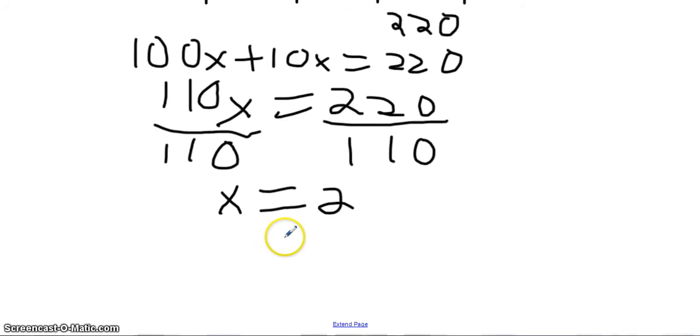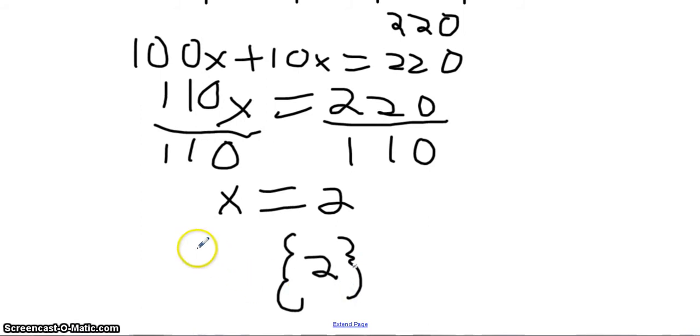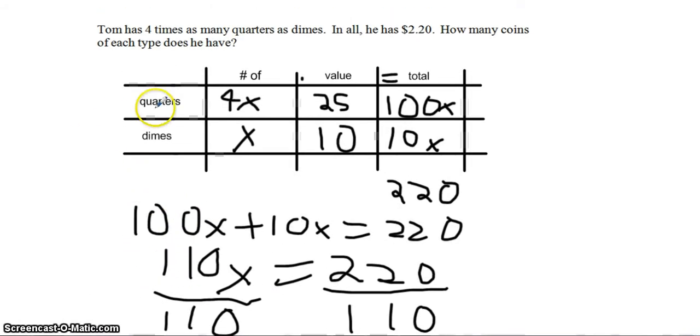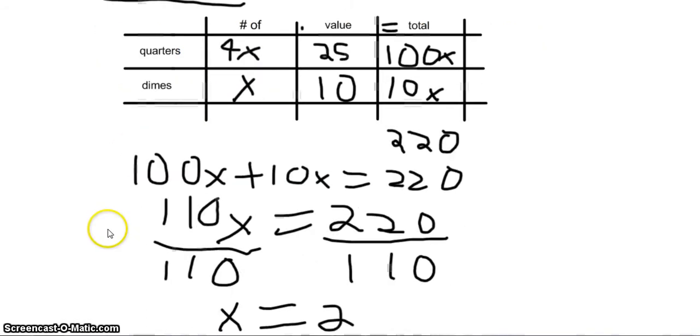The next part is, don't forget to write the answer in your brackets. And then the last part of the problem is, how many coins of each type does he have?